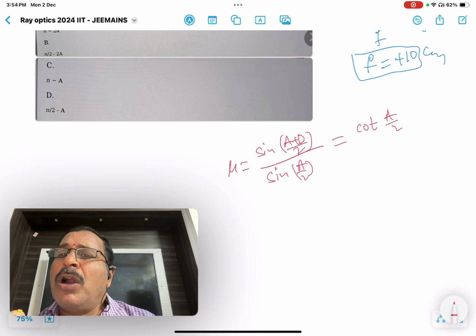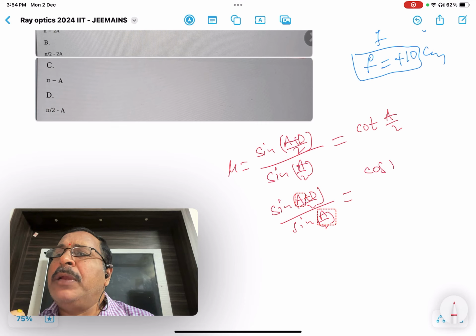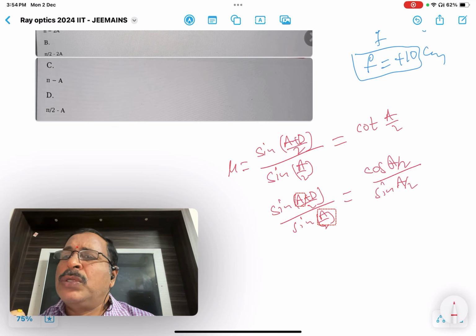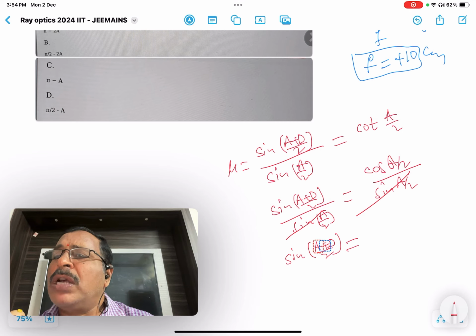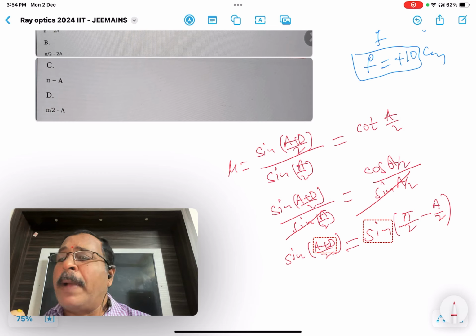Cot A by 2 is nothing but sine of (A plus D) by 2 divided by sine of A by 2, that equals cos A by 2 divided by sine A by 2. We can write it like this. Both sine A by 2 get cancelled. Then sine of (A plus D) by 2 equals, we can convert cos into sine: sine of (pi by 2 minus A by 2), that is 90 minus A by 2, because in the problem answers are given in terms of pi.